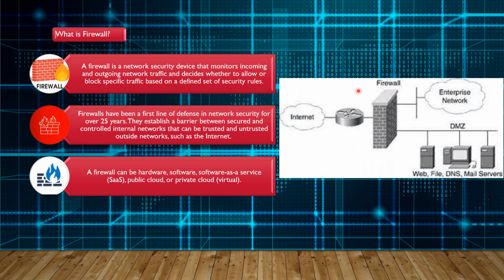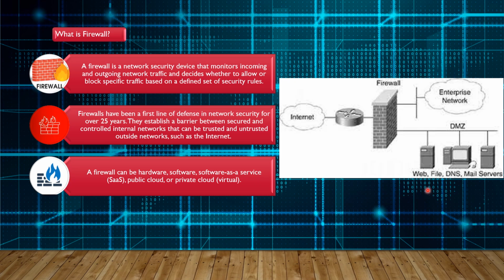You can see this is the basic structure of an enterprise network. First internet, then the basic routers, after that the firewall. So if any network traffic is going in or out, it should cross the firewall first. Here you can see the DMZ network. DMZ stands for demilitarized zone.